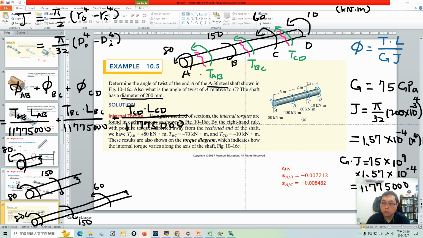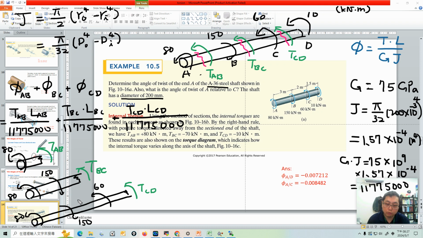And there's a torque at each cross-section: TAB, TBC, TCD. If I don't know the direction, I just assume everything is counterclockwise.